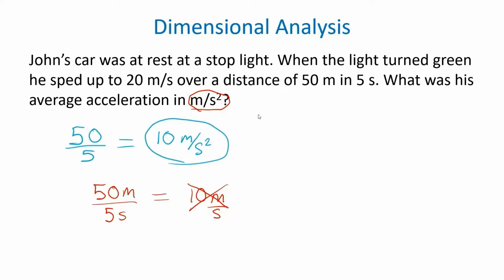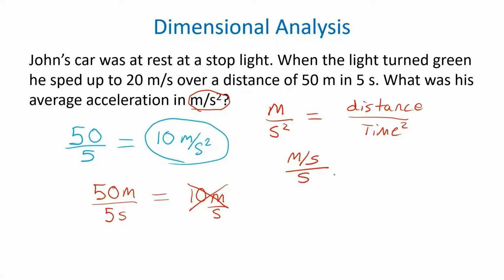So in this case, we know that we need meters per second squared, which is going to be some sort of distance, because that's what meters represents, and it's going to be some sort of time squared. Okay, the other way you could think of it is meters per second per second.